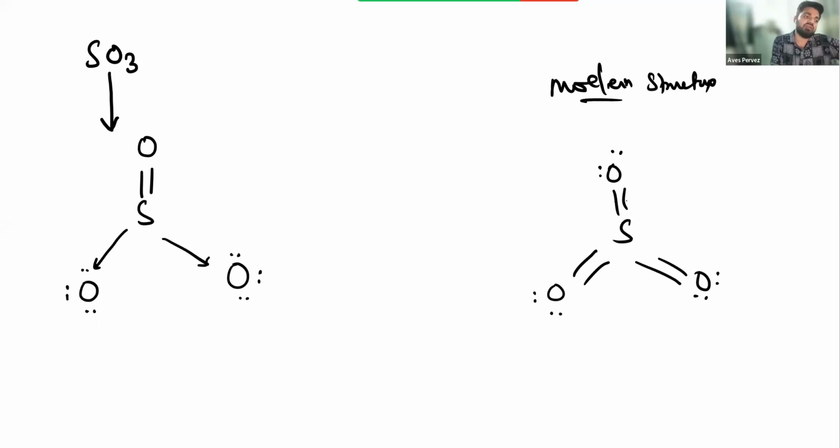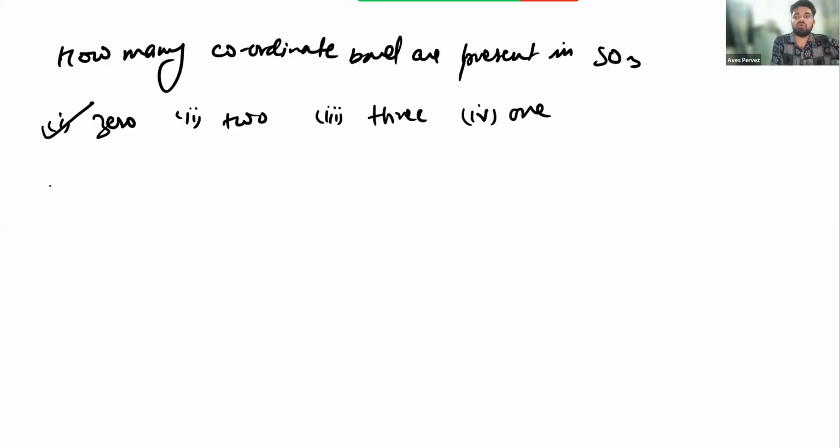So we'll take 0. If 0 is given in the options, we give preference to 0 because it is according to the modern structure.